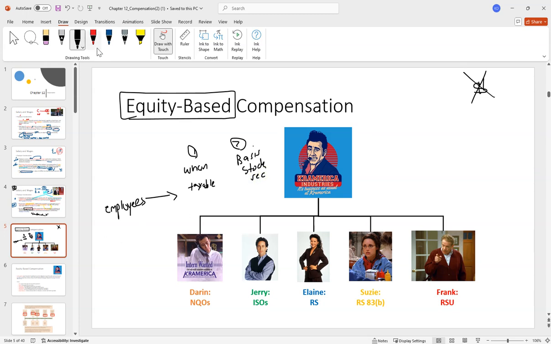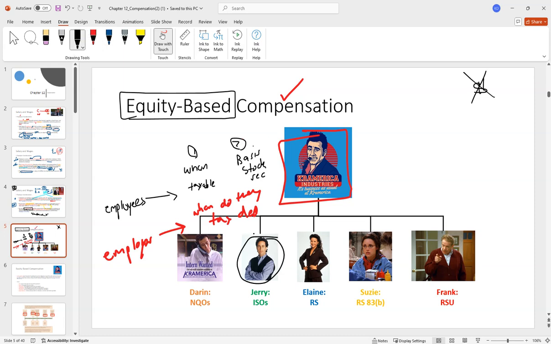From the employer's point of view, the main thing you need to know is when do they take the tax deduction for the compensation expense. So from the business's point of view, when do they get the compensation expense.